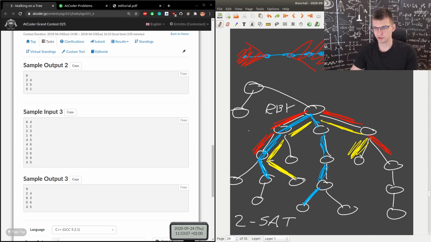I cannot go just bottom up, starting from this, because then if I greedily choose directions of blue, yellow, red, maybe some two of them will be in the same direction.